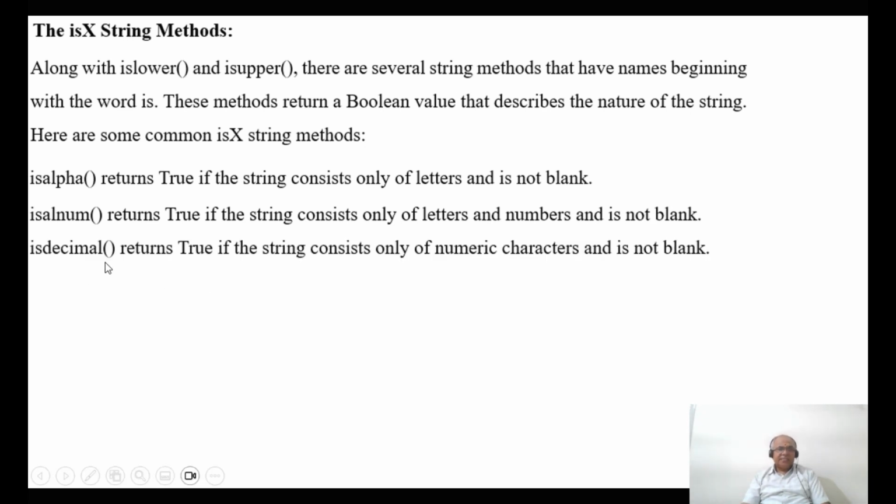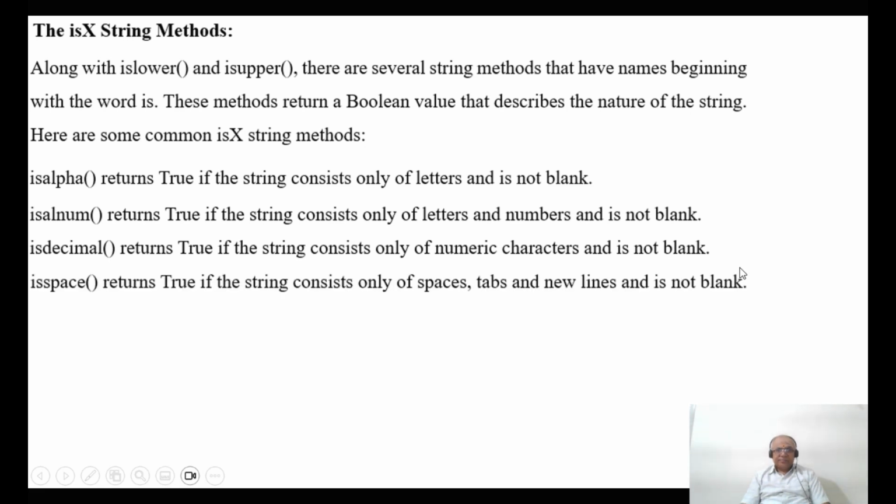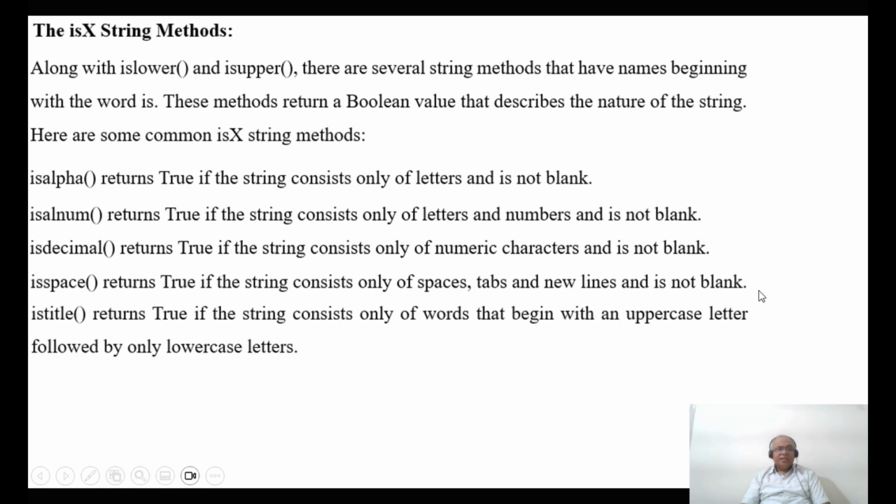Similarly, the isdecimal method returns true if the string consists only of numeric characters like 1, 2, 3, 4, 5 and is not blank. The isspace method returns true if the string consists only of spaces, tabs and new lines and is not blank.